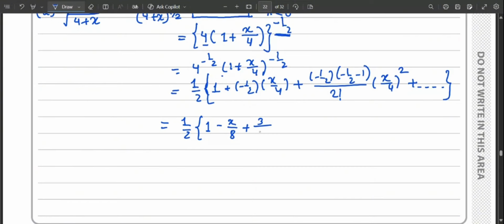This is equal to 3 by 128 x square, and the series will continue.